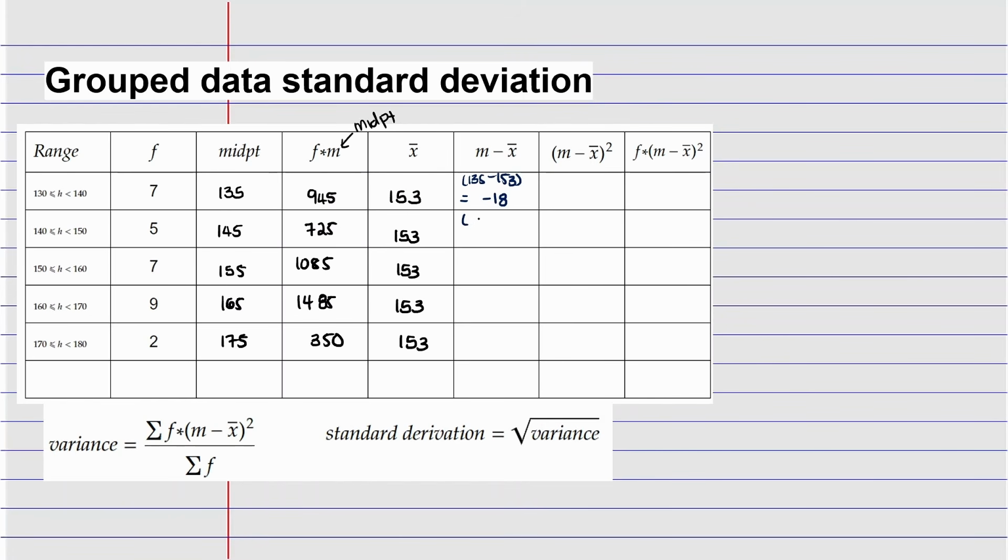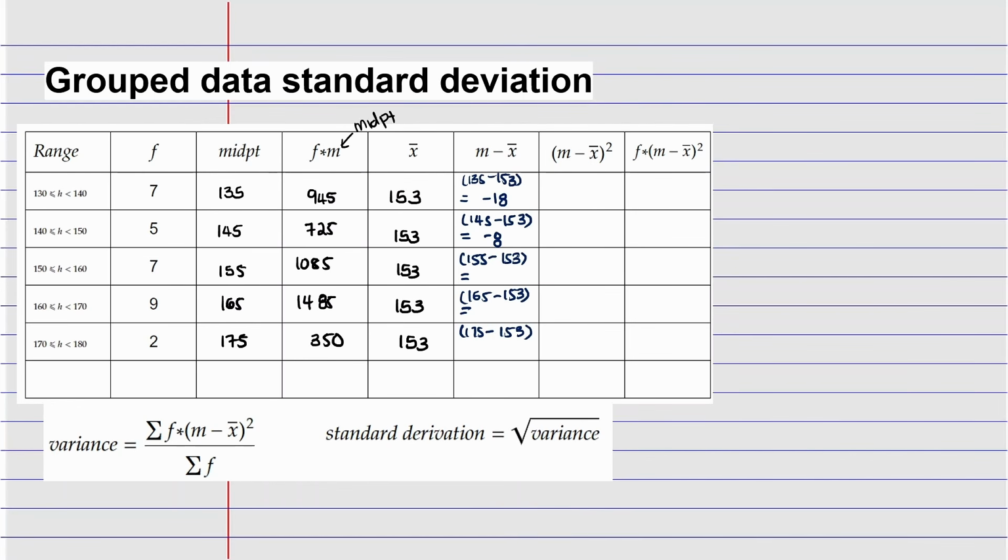So here it's going to be 145 minus 153. So that's going to give us negative 8, right? Then here is going to be 155 minus 153, then 165 minus 153, then the last one is going to be 175 minus 153.